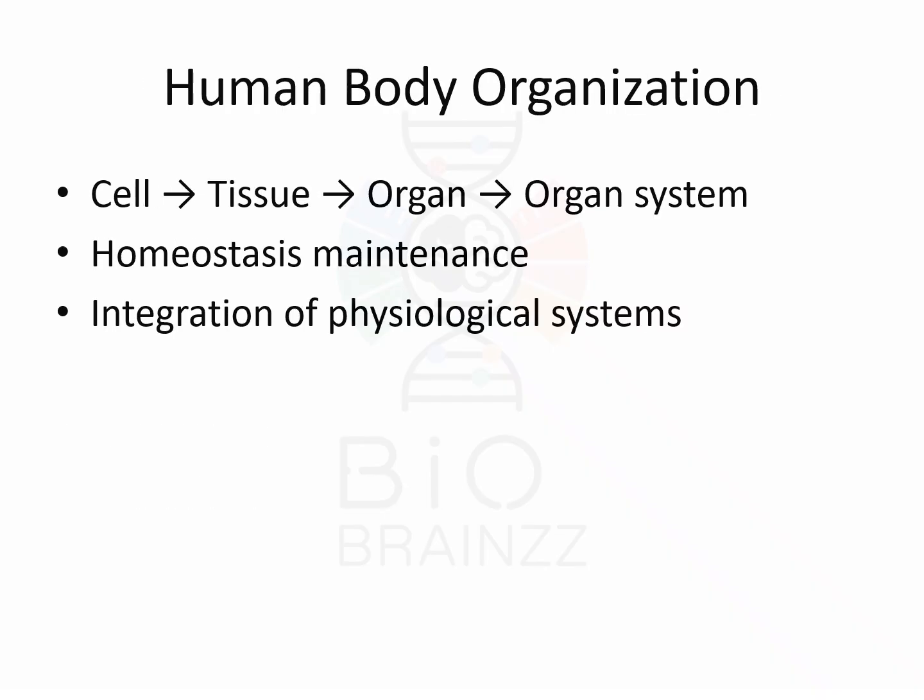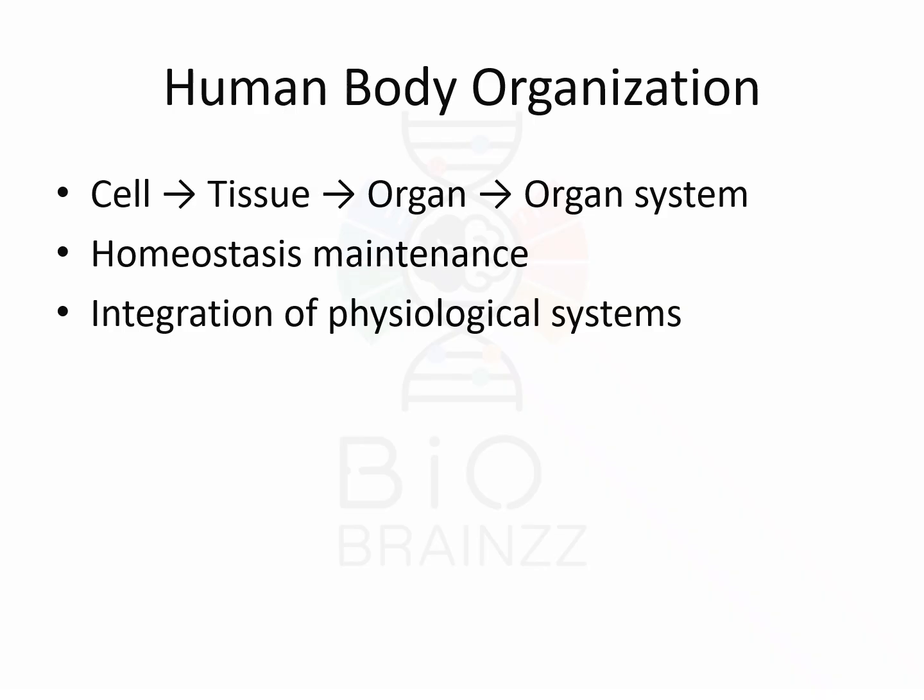Human body organization. The human body is organized into hierarchical levels, starting with cells, which are the basic structural and functional unit of life. Similar cells group together to form tissues, which then combine to form organs, such as the heart, lungs, and kidneys.